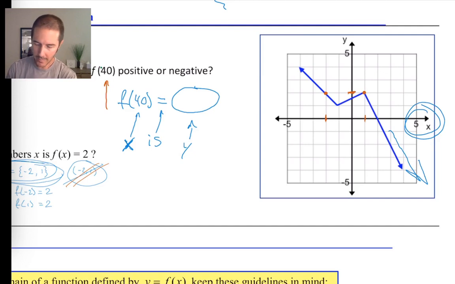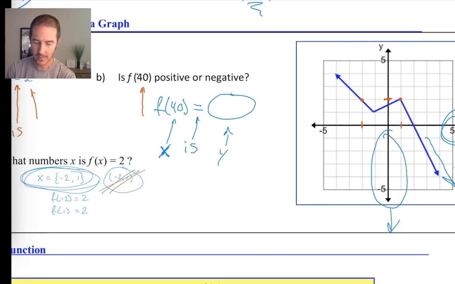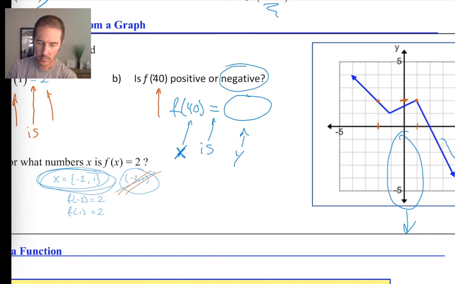All of these y values down here are negative, and as we continue going down, they're going to get more negative. So I would say that if we went so far out to the right that we found an x value of 40, our graph is going to be way down there, well into the negatives. So I think it's safe to say that f of 40 is negative. The corresponding y value would be negative.